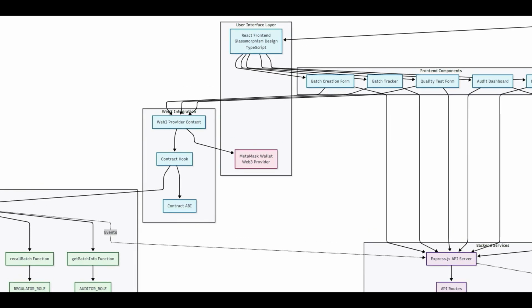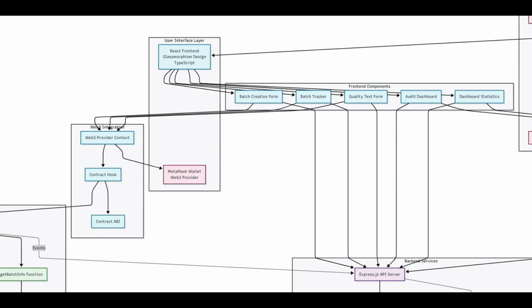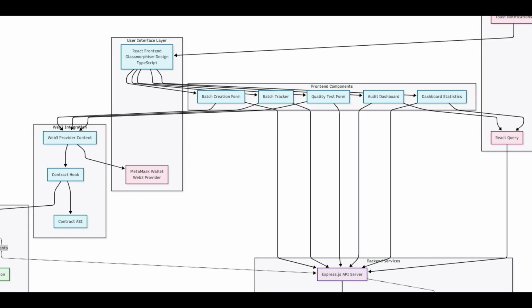Okay, you see it says the Web3 integration. We see the Web3 provider, contracts, contract hook, contract ABI, application binary interface, and then also the user interface, React front end, right? This is the MetaMask wallet provider.